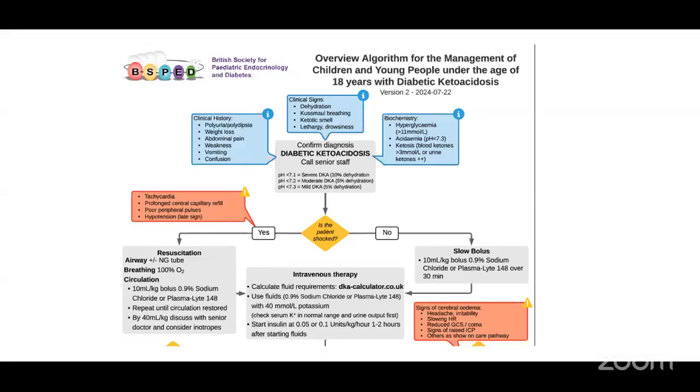Now, during the observations, if you've noted that the blood sugar level is less than 14 millimole per liter, you change the IV fluids to 5% dextrose and you continue monitoring as we've already discussed.